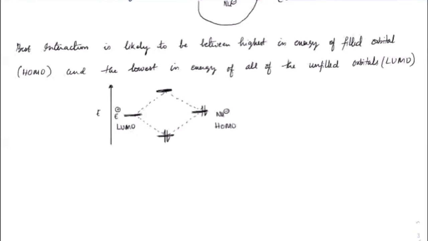The nucleophile's HOMO orbital will always interact with the LUMO orbital of the electrophile, and this gives the best bonding. And if you really want the best of the bonding, as I said, the energy of nucleophile and electrophile should be comparable. Then it will give the best of the orbital.